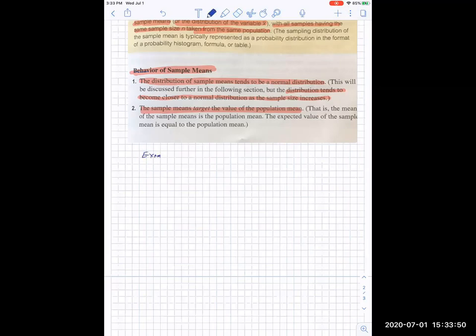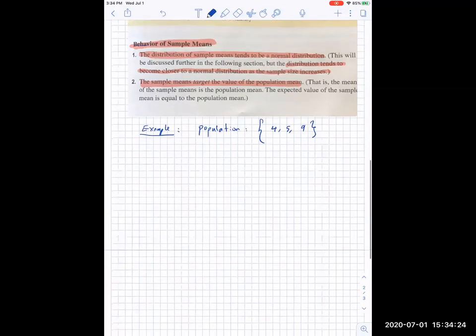Example. Suppose I have a population set of only 3 numbers. Let's say the population is only 3 numbers: 4, 5, 9. This is the complete population set.